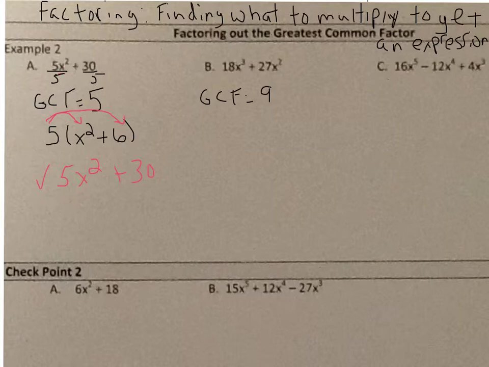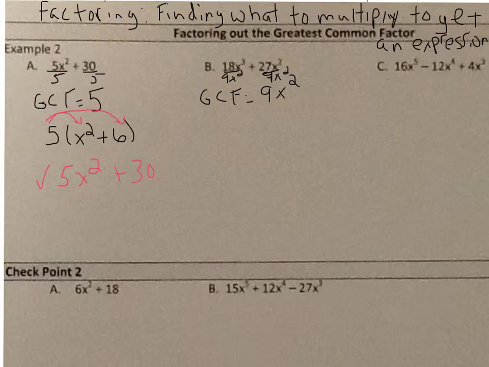The x's, we do just like we did when we were finding our greatest common factor. There is an x in there, and the power is the lowest power. It's going to be squared. So we're going to take 9x squared and divide it into each of these terms in this expression.